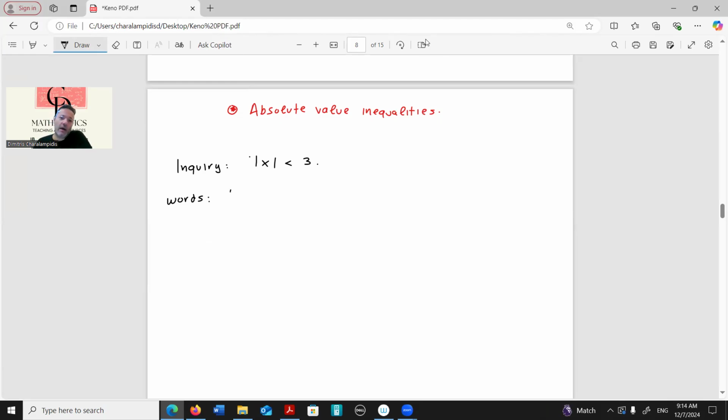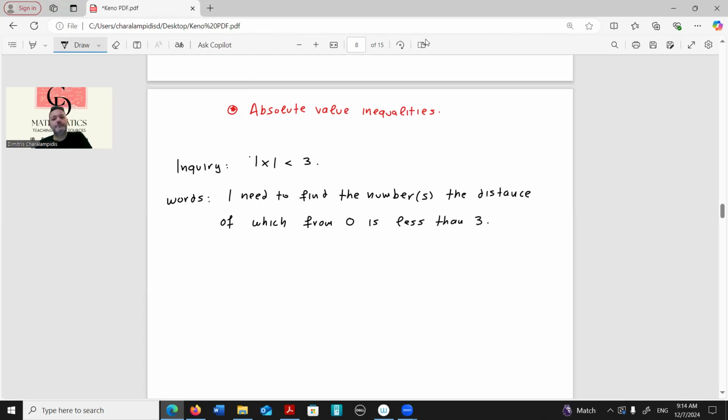So I need to find the number or numbers, there could be more, the distance of which from 0 is less than 3.